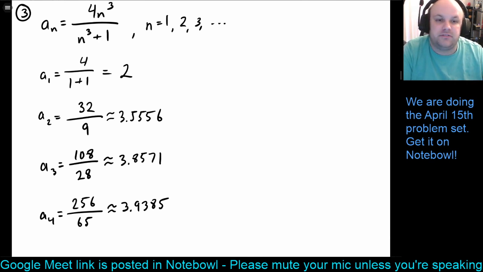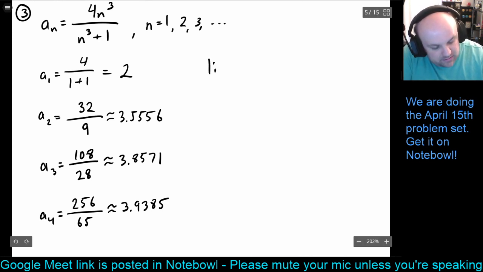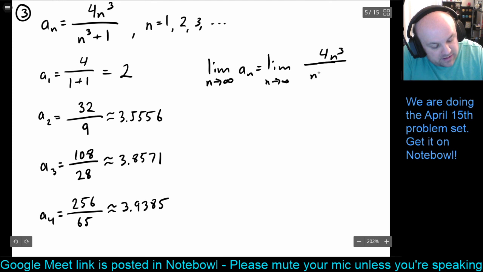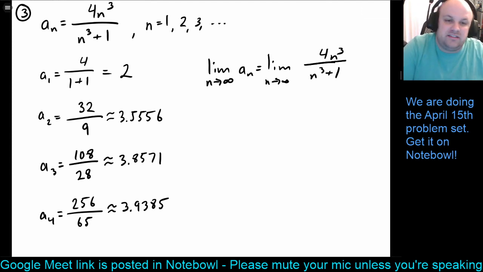Or we can use our analytical tools, and we can say, all right, well, the limit as n goes to infinity of a_n is the limit as n goes to infinity of 4n cubed over n cubed plus 1. And we just treat this like a normal limit, like we would have done last semester.